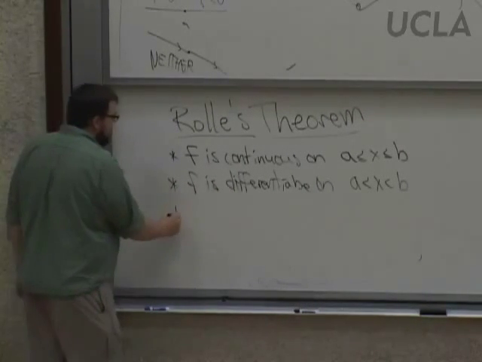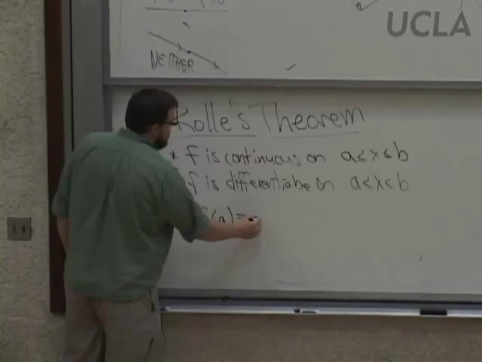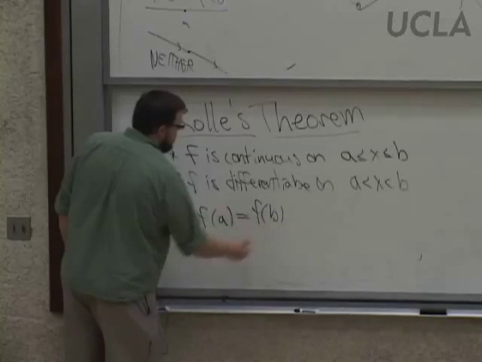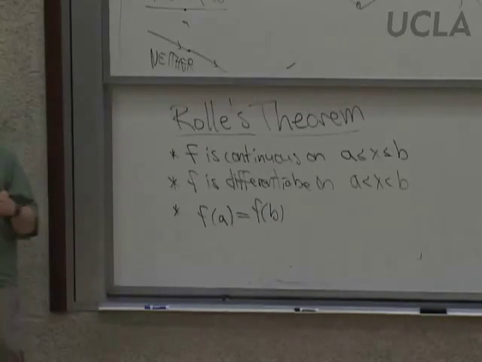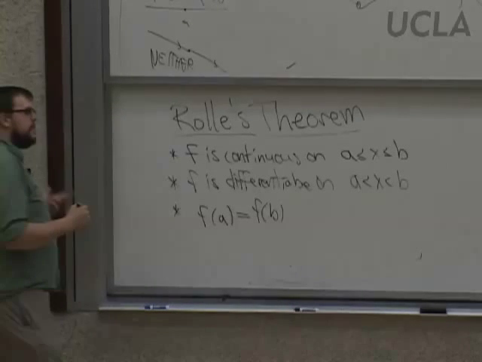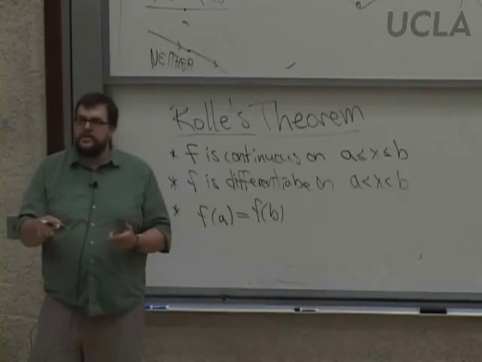And the third thing is that the function at a is equal to the function at b. Okay, so these are our assumptions. If we have the following three facts, it's continuous, it's differentiable, and I end and start at the exact same value for the function. So the function at a equals the function at b.